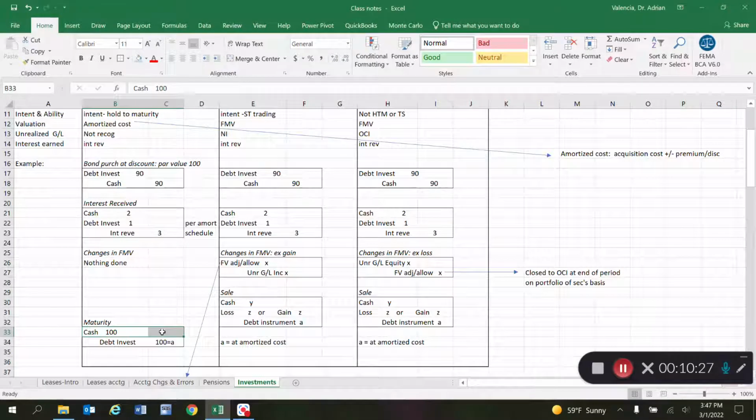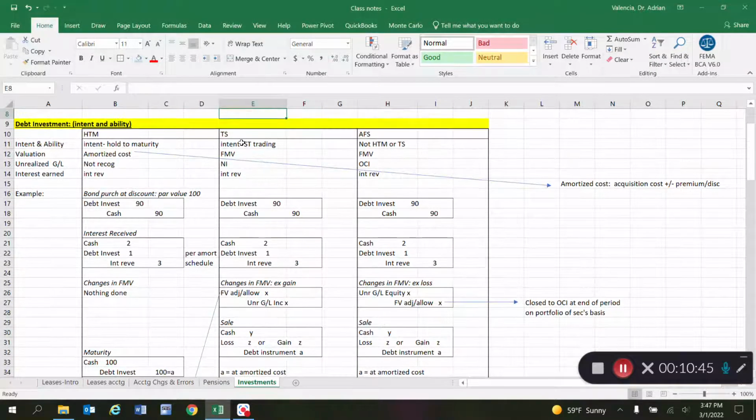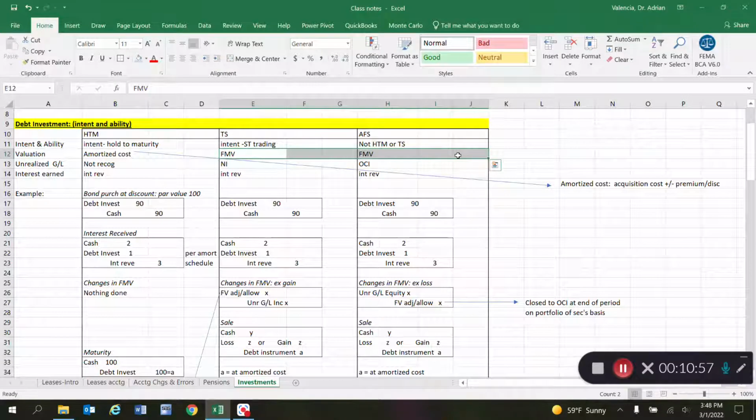And I have a little note here, this A, which is the amortized cost of that debt investment. The reason I think that's important to note is because even if we are accounting for this as a trading security or an available for sale where we have to mark to market, we still carry that debt investment at amortized cost. So we'll see how that is in a minute.